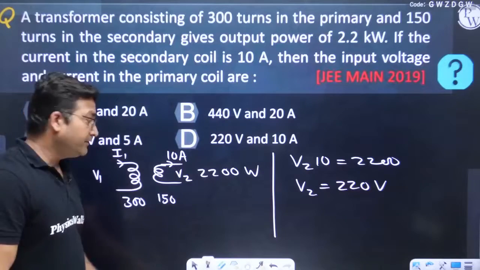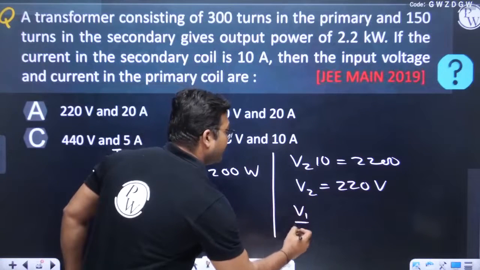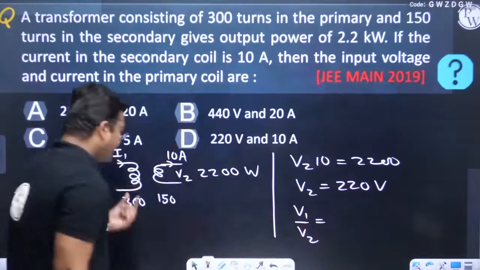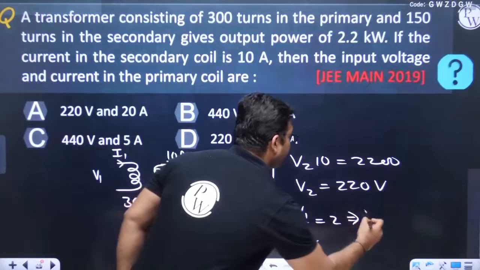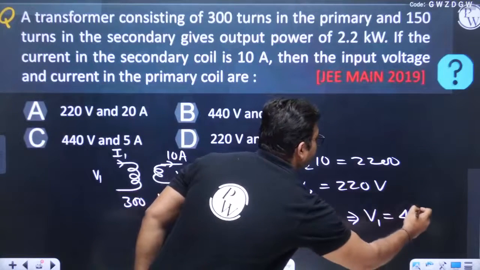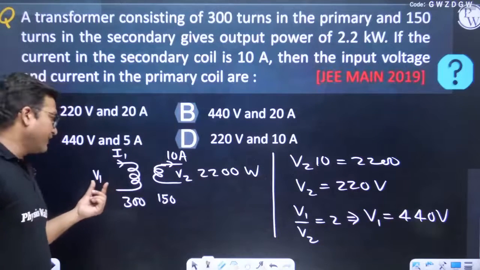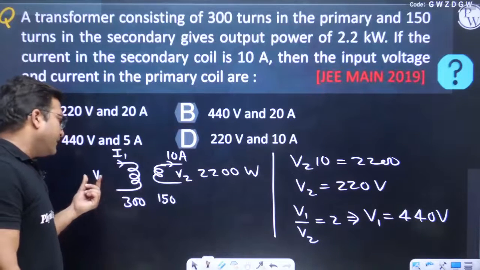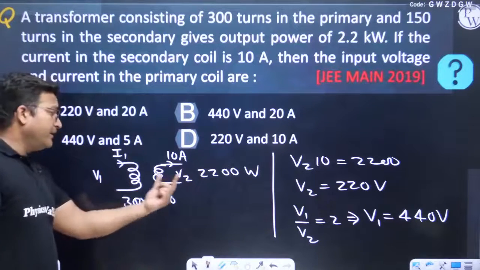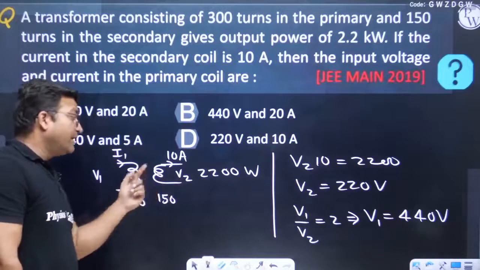V2 is 220 volt. We remember V1 by V2 equals N1 by N2, that is 300 by 150, which is 2. So we have V1 as 440 volt. So we have input voltage as 440 volt, and here we have 220. So in this direction voltage is decreasing, so current must increase.